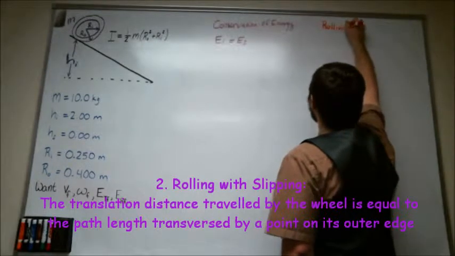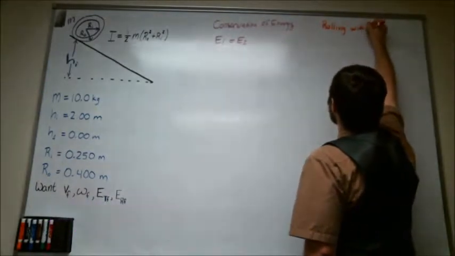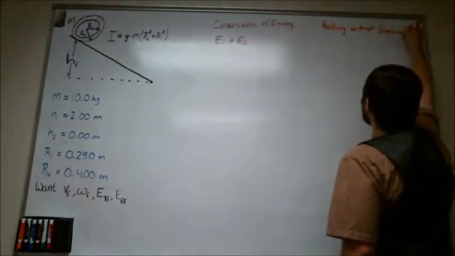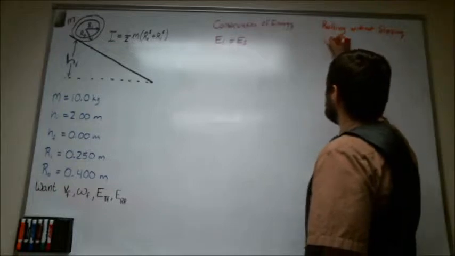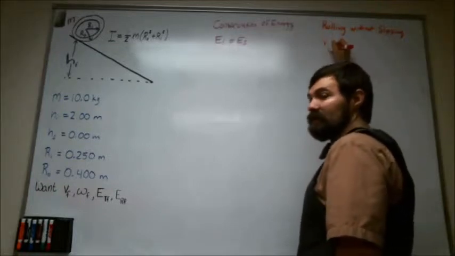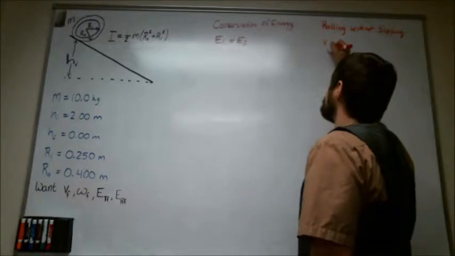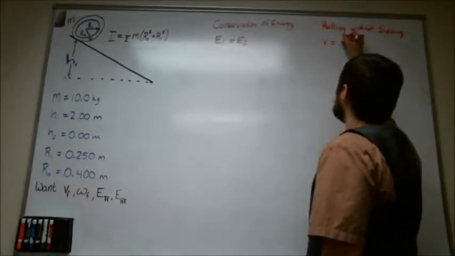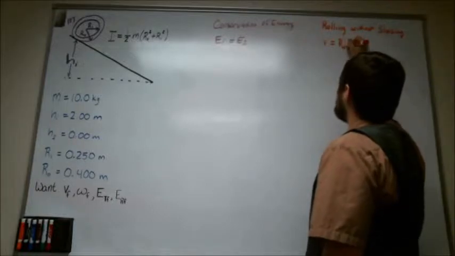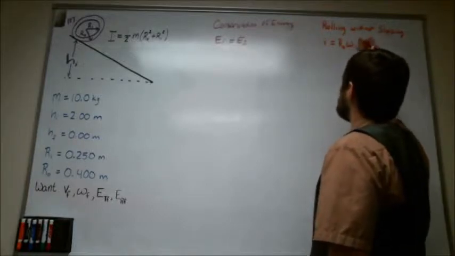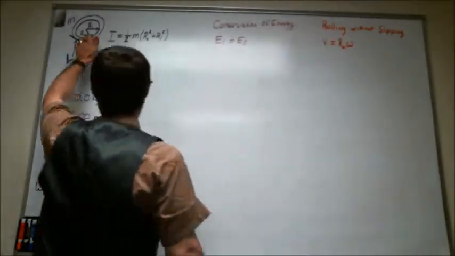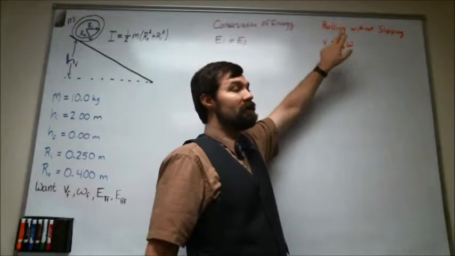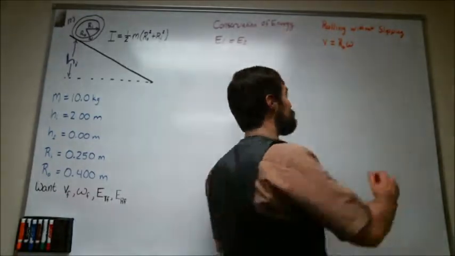So what rolling without slipping says is that we can relate the translational speed, or the center of mass speed, to the rotational speed by noting that the outer radius of this wheel times the rotational speed is equal to the translational speed.